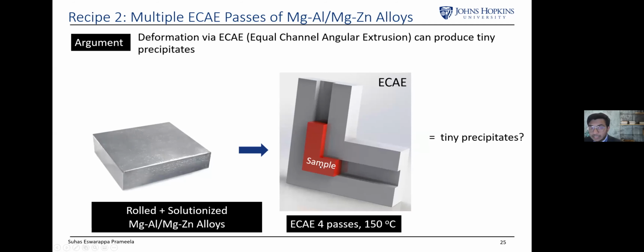And you can do this multiple times because the shape is preserved. At this juncture, the 45 degrees, you're giving a lot of shear deformation to the sample, almost close to 100% every strain cycle, every pass.